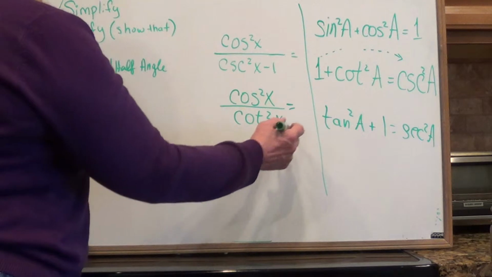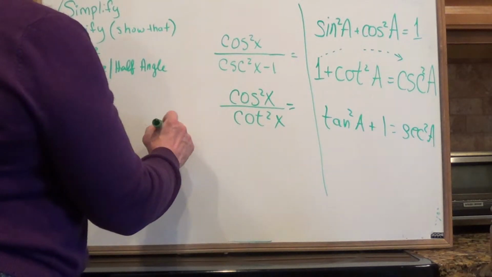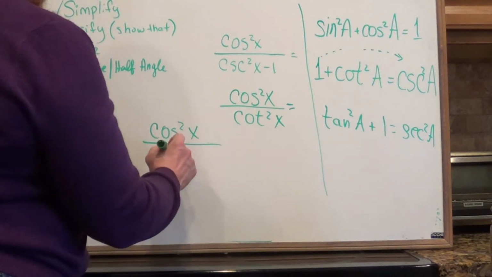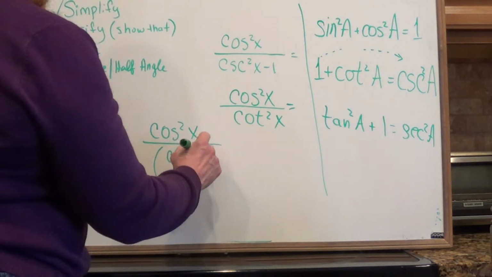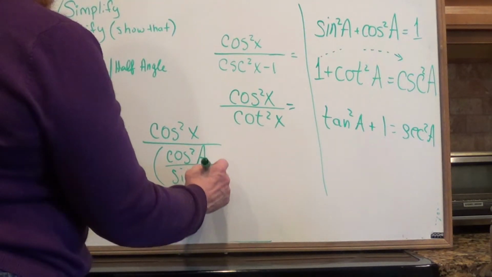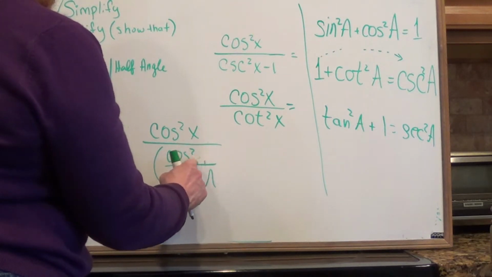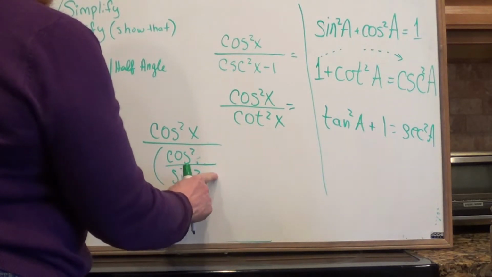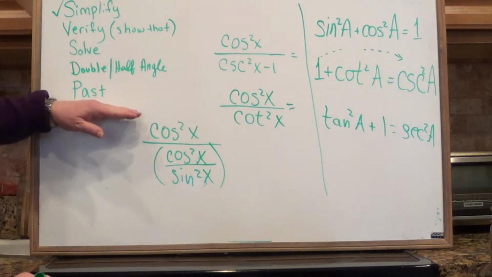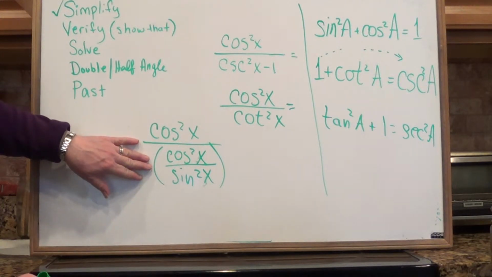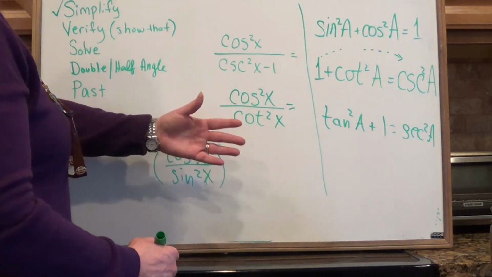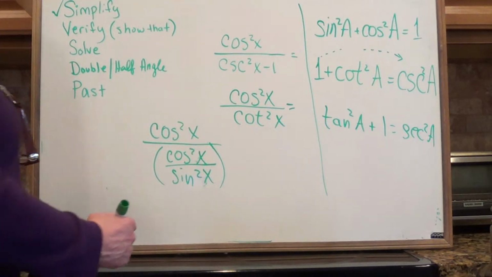All right, did you take the cotangent and remember that cotangent is cosine over sine, and when it's squared it's just cosine squared over sine squared. So now I have a cosine divided by cosine squared over sine squared. This is in the denominator, so I can flip it and multiply it times the numerator.